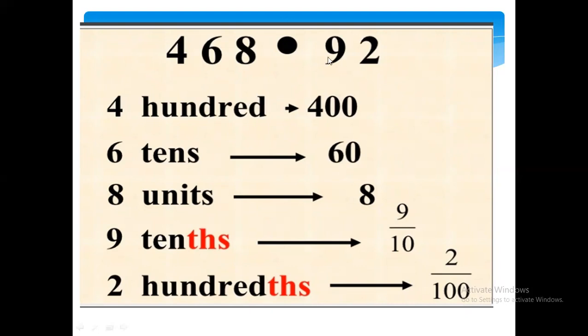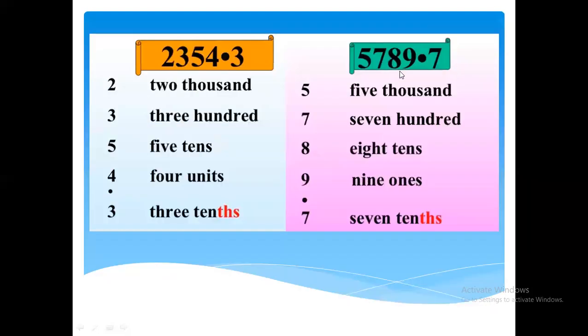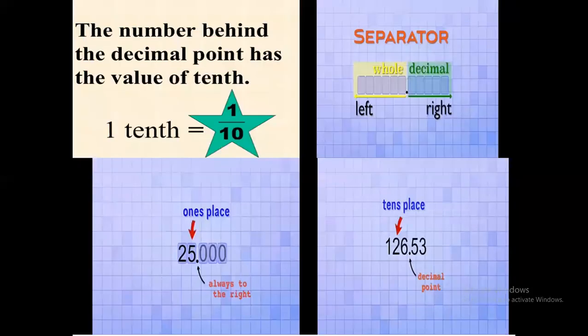Here it starts from tenths and keeps on reducing. 2 thousands, 3 hundreds, 5 tens, 4 units, and 3 tenths. Then 5 thousands, 7 hundreds, 8 tens, 9 ones, and 7 tenths. Similarly, if there was one more number over here, let's imagine a 2, then we'll write 2 hundredths. The number right after the decimal has the value of tenths.